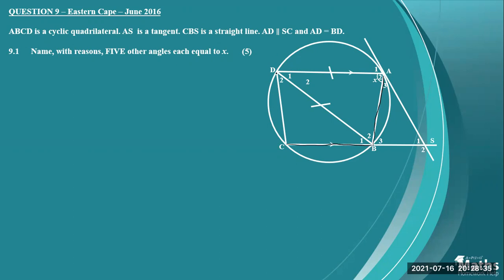Furthermore, it says that AS is a tangent. So let's just run through a tangent. So AS is a tangent. So please remember, with a tangent, you look at a triangle inside a circle. Then this angle lying between the tangent and the chord, this is a chord.